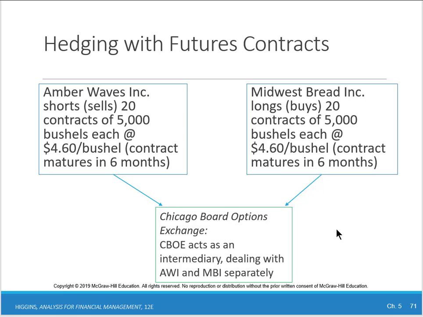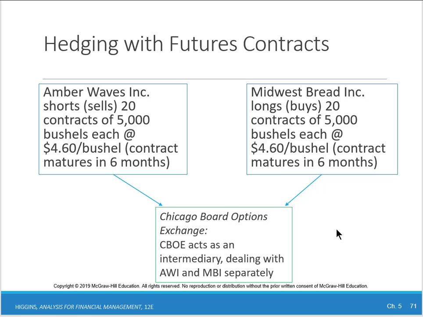But let's say in 6 months, Amber Waves, again, they want to sell this wheat or whatever, it's corn, right? They don't have to sell it to Midwest. They can sell it to anybody that wants to buy it at that price later on. Midwest Bread doesn't have to buy from Amber Waves.